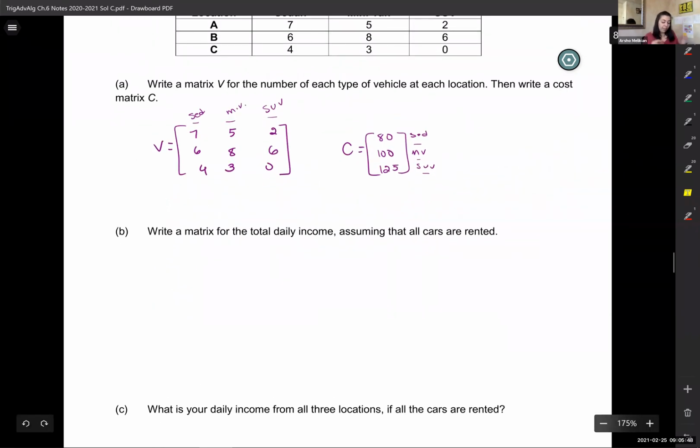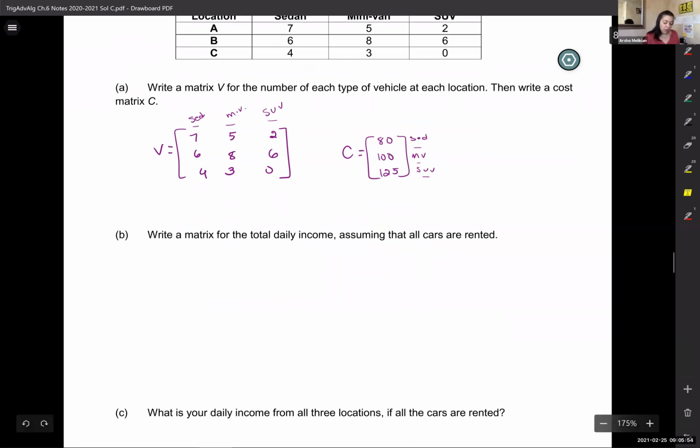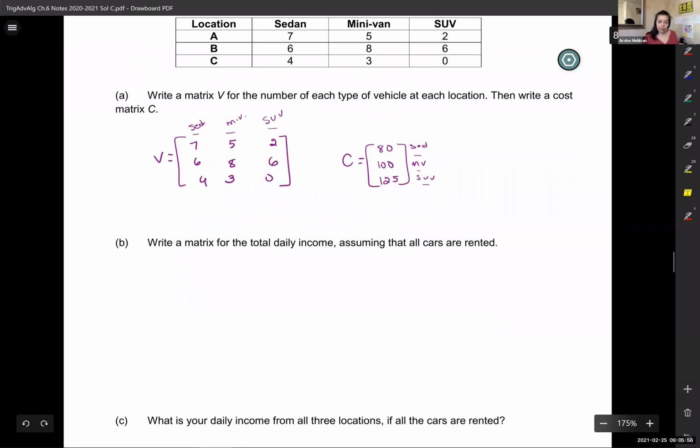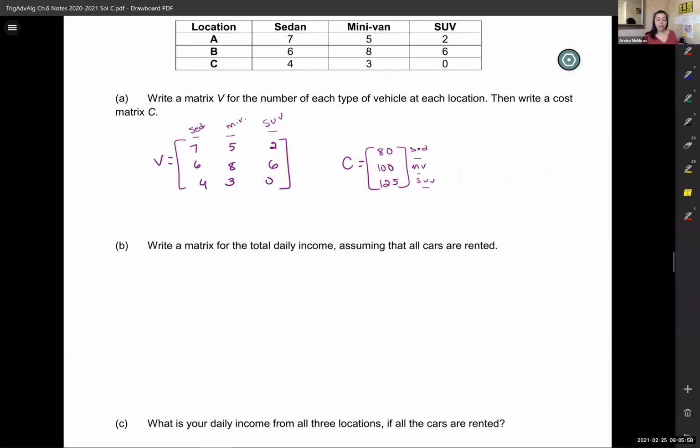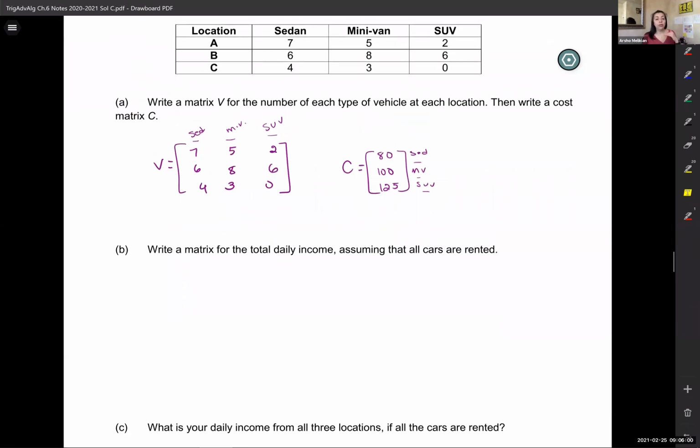Now, write a matrix for the total daily income, assuming that all cars are rented. Okay, so if you rent all the cars in all the locations, how much money are you going to make in each of your locations?